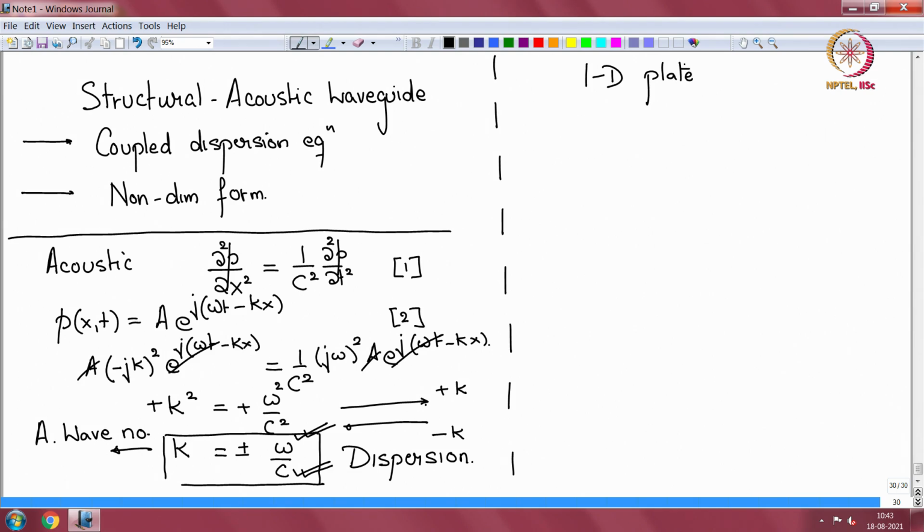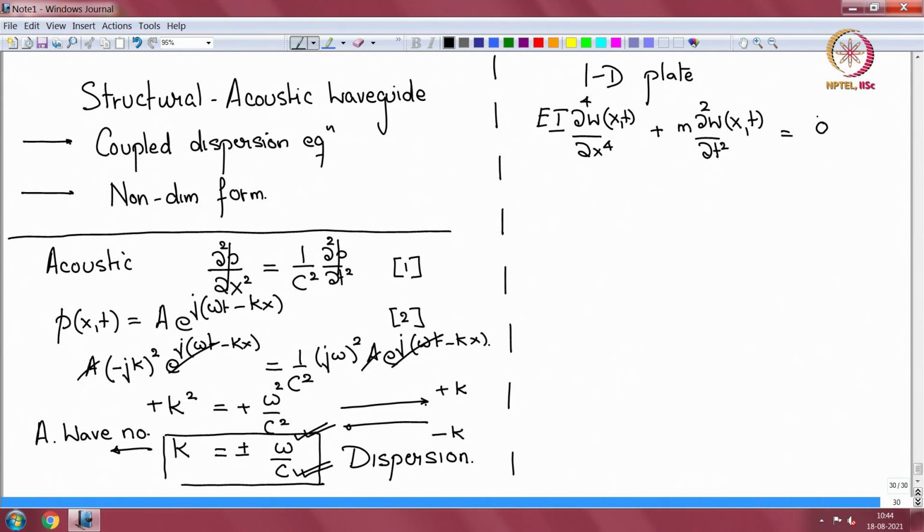the equation there is EI del 4 W of x comma t by del x4 plus m, mass per unit area, del 2 W of x comma t by del t square is equal to 0.